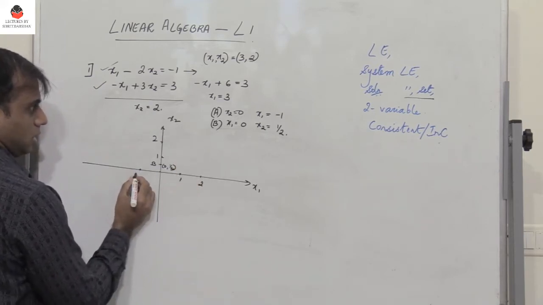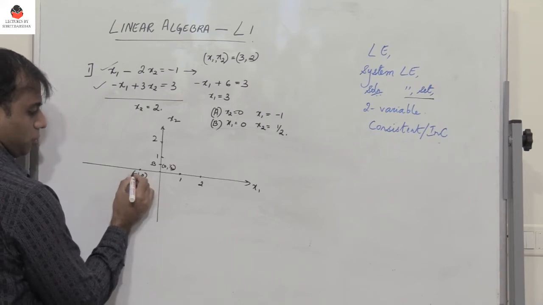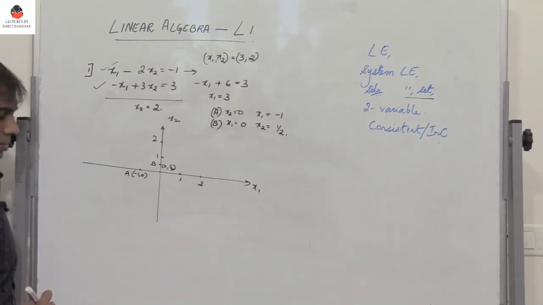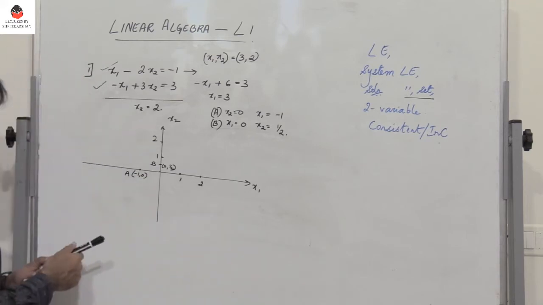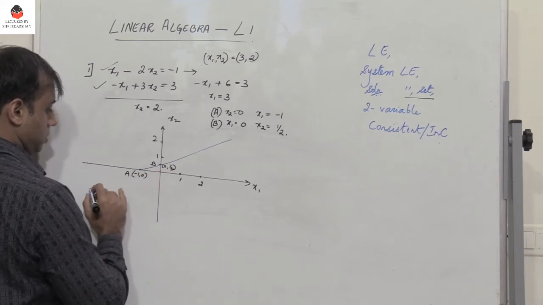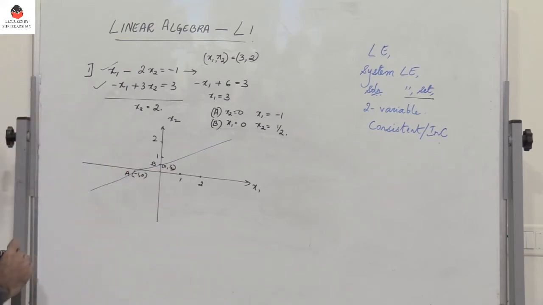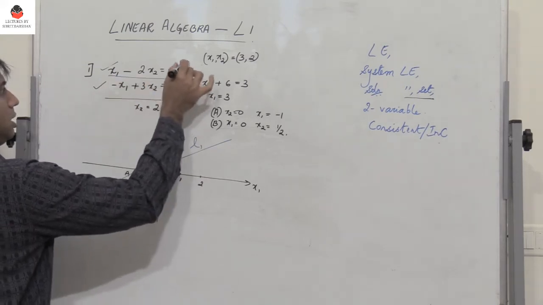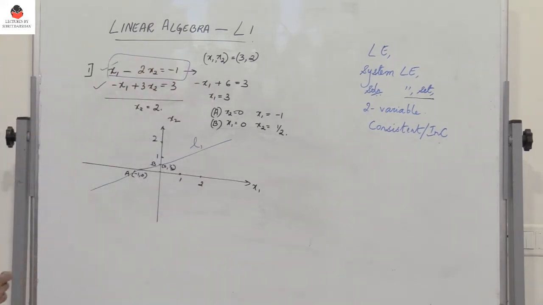So this is minus 1 comma 0, which is point A. So the line passes through these two points. I join these two points and I extend it. So this is L1, which corresponds to the first equation x1 minus 2x2 equal to minus 1.